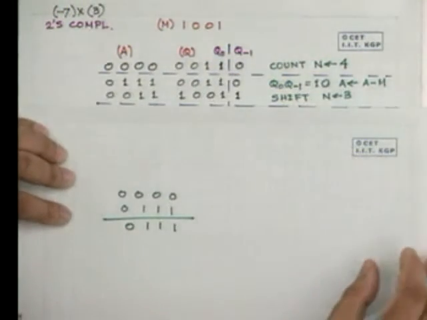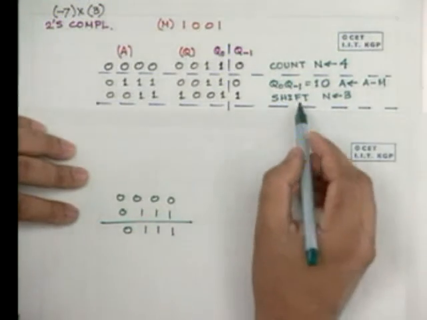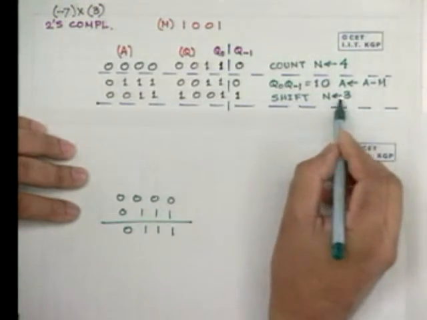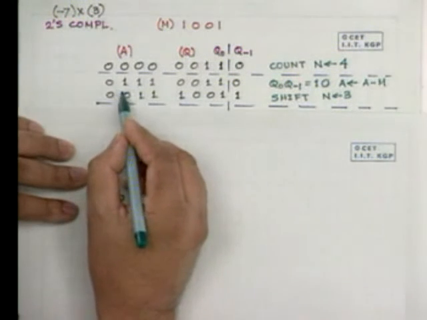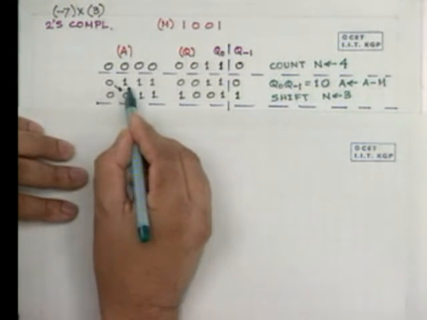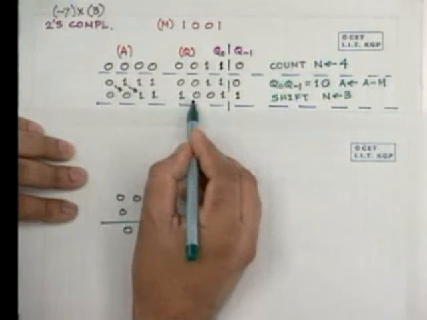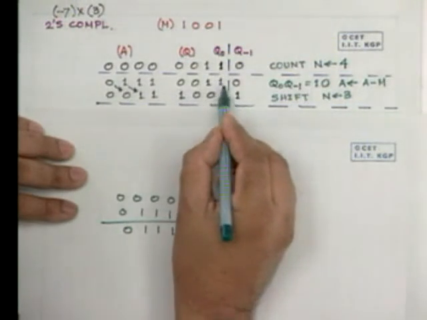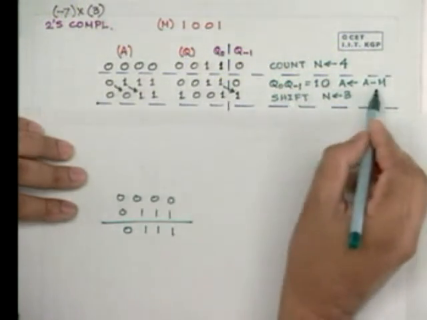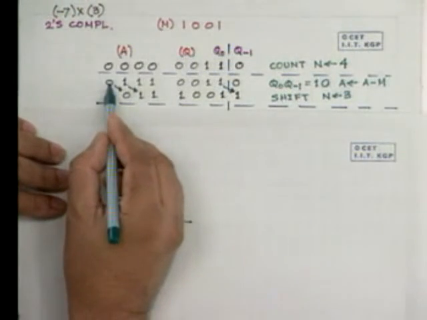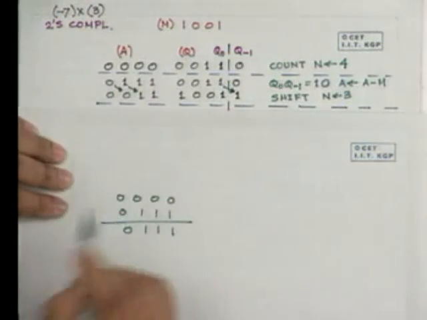After doing that, we shift and reduce the count. Shifting, you see that 0 comes here, that 1 comes here, and so on. The entire thing is shifted, and this one comes over to here. This is an arithmetic shift, which means the sign bit has been replicated here.